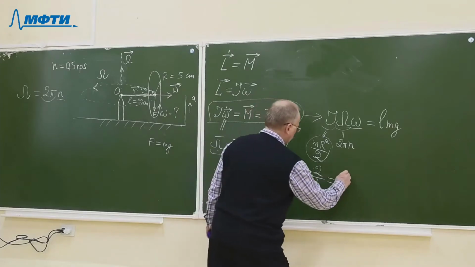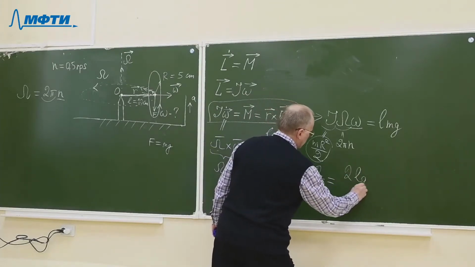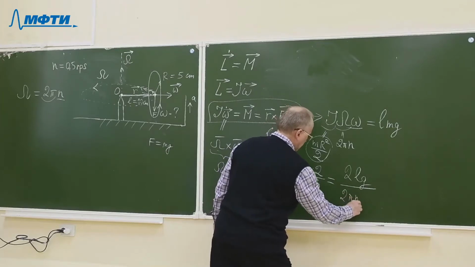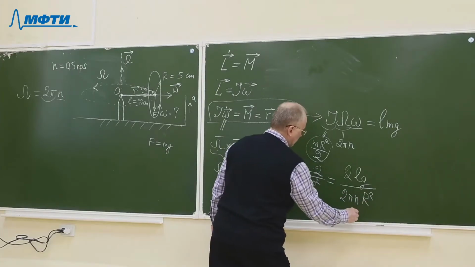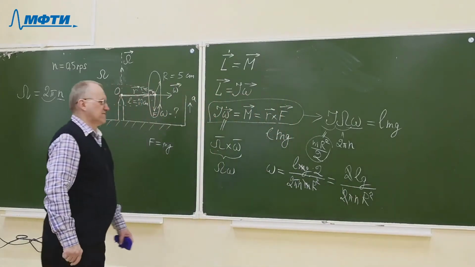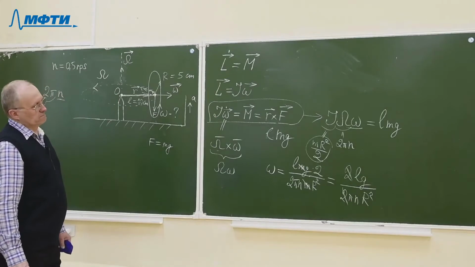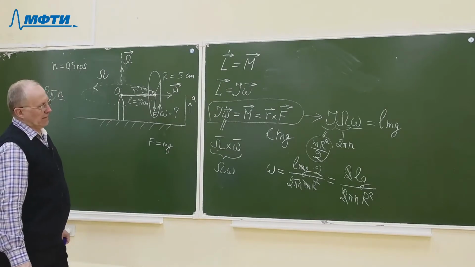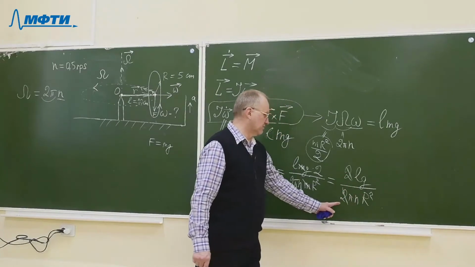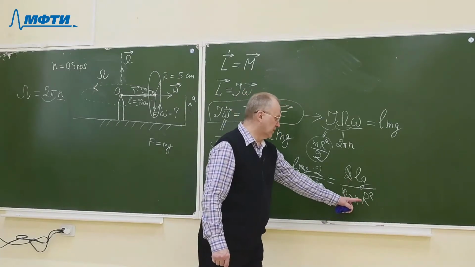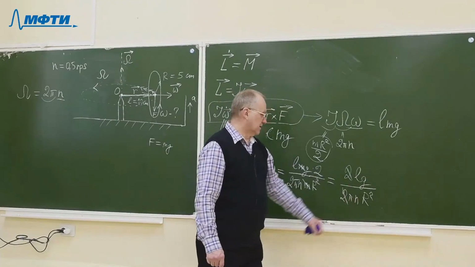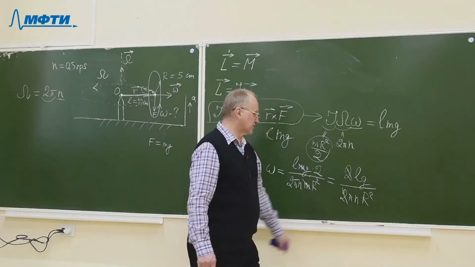And what remains here? 2Lg divided by 2 pi n r squared. Again, 2 cancels. And all the remaining quantities in this formula are given in the problem. They are known. You can take G as 10 in the International System.